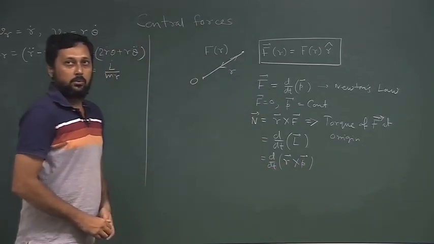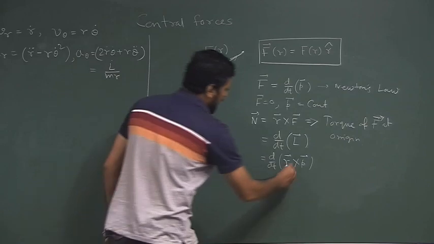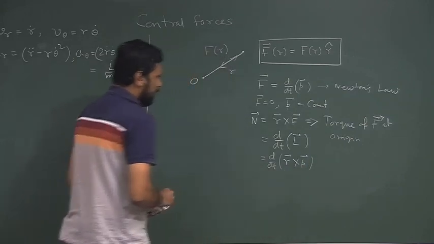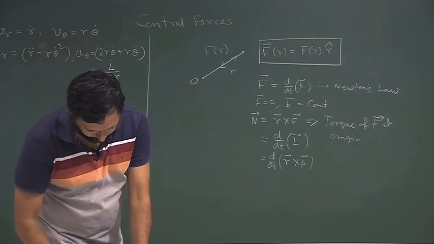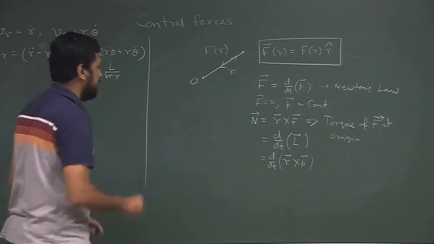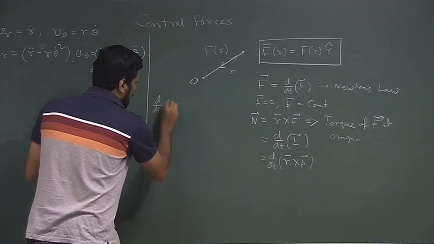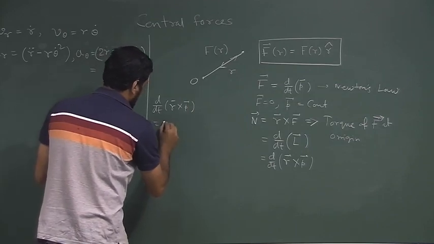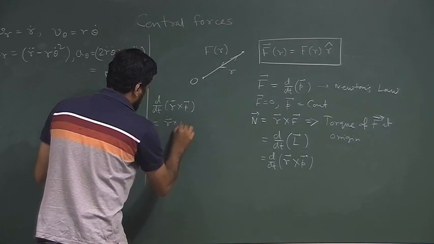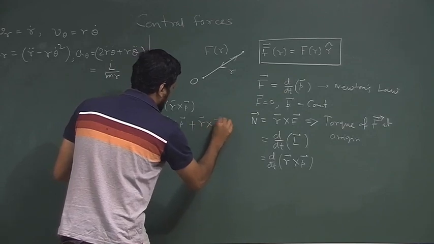So, if we have torque equal to 0, we immediately see L is a constant, and let us do one more step and we will immediately realize that N has to be equal to 0. d dt of r cross p is equal to r dot cross p plus r cross p dot.